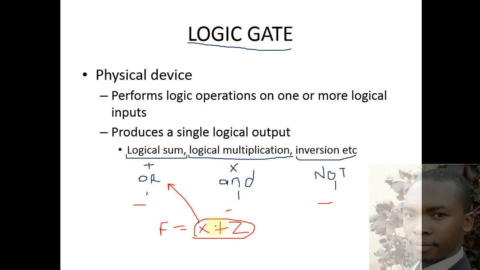Guys, don't ask me about the minus, because the minus is the same as the OR gate, which is a plus. If I have 2 minus 3, you may believe that I have 2 plus negative 3.